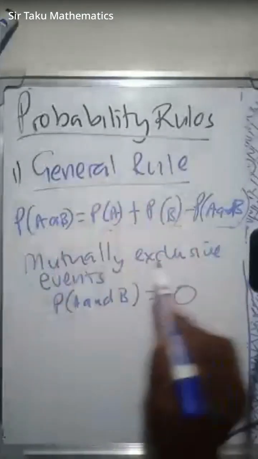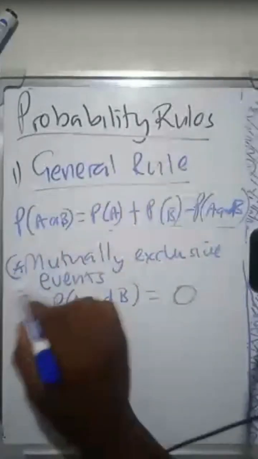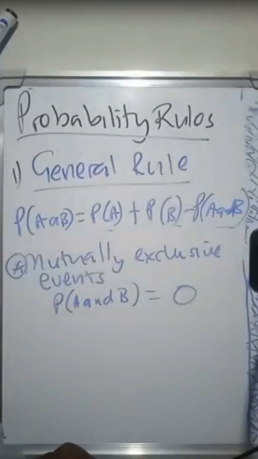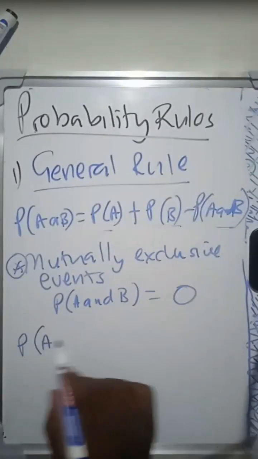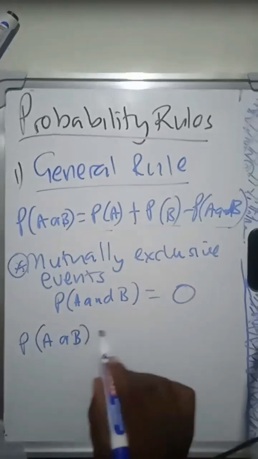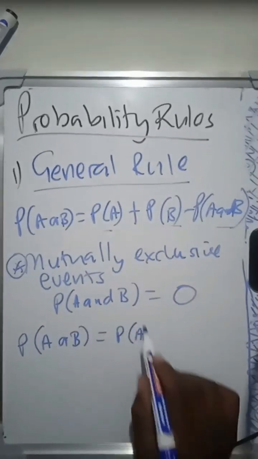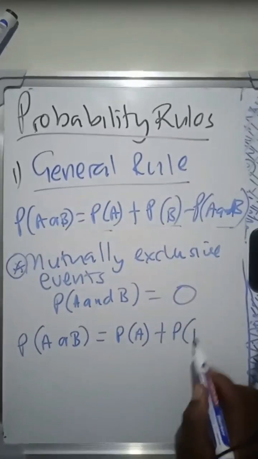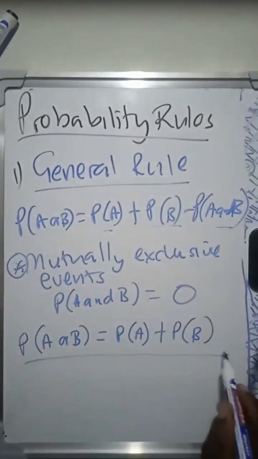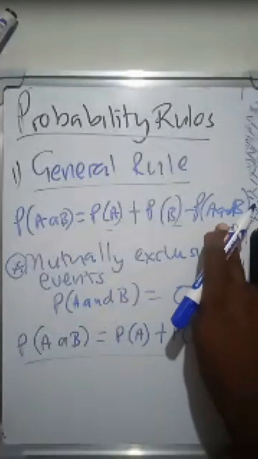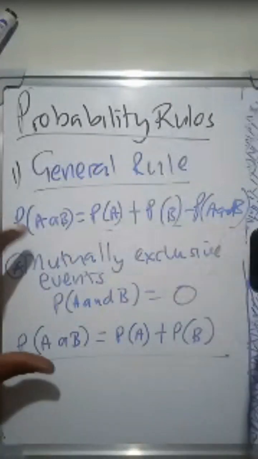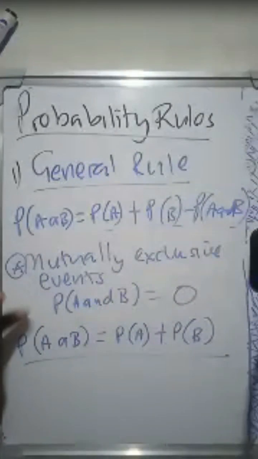Hence, if they say the events are mutually exclusive, then the general rule is: probability of A or B is just equal to probability of A plus probability of B, because we no longer have this one for mutually exclusive events. So that is another part of the general rule on mutually exclusive events.